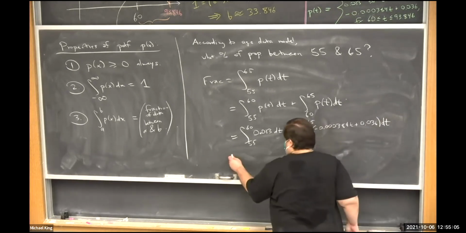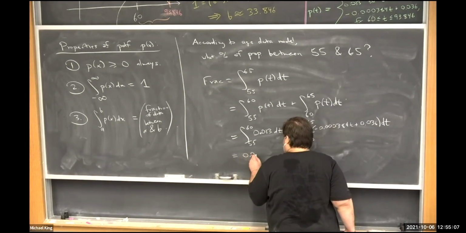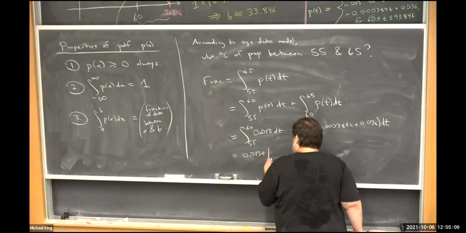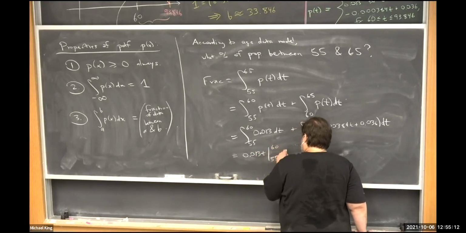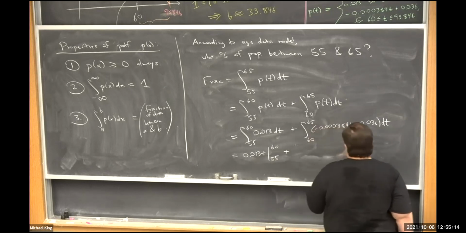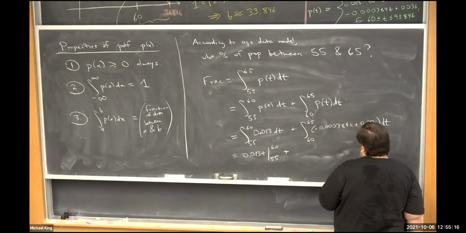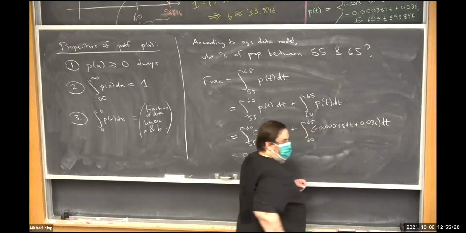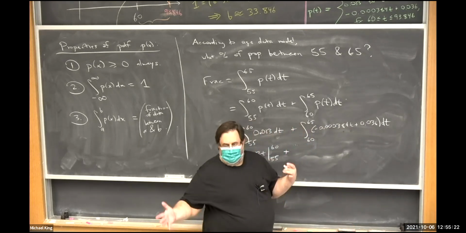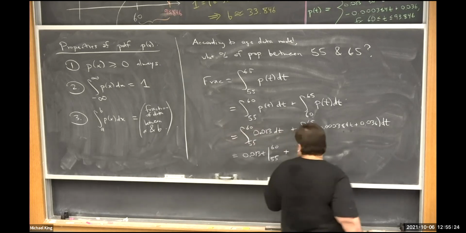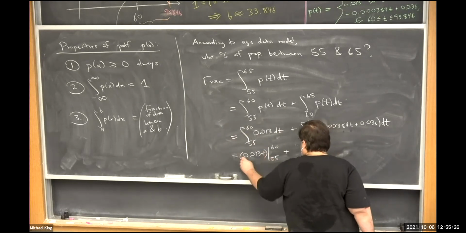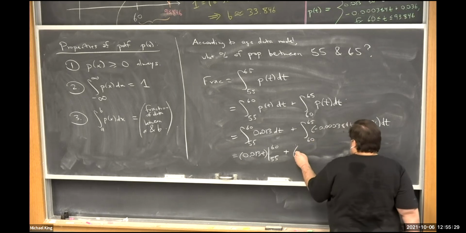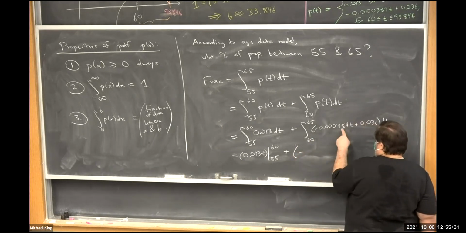So this one's easy. 0.013t from 55 to 60, right? Oh, so t becomes 1/2 t squared here. Let's just push through and do it. I just want to see what the answer is. So this is going to be 1/2 t squared. Half of 384 is 192.